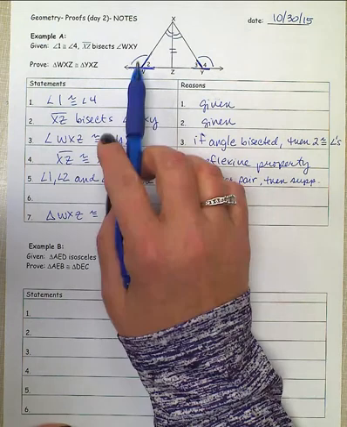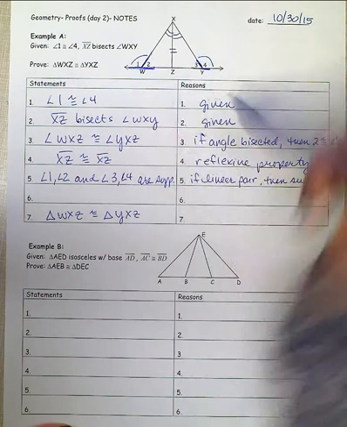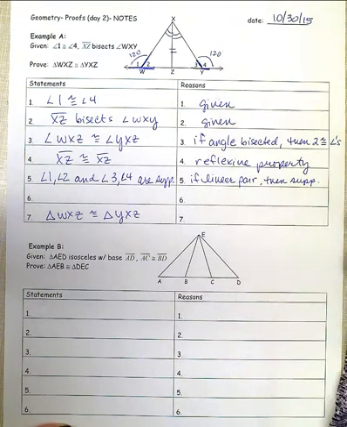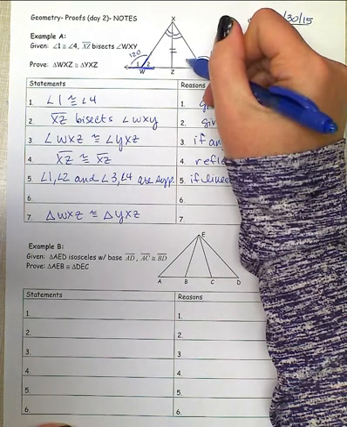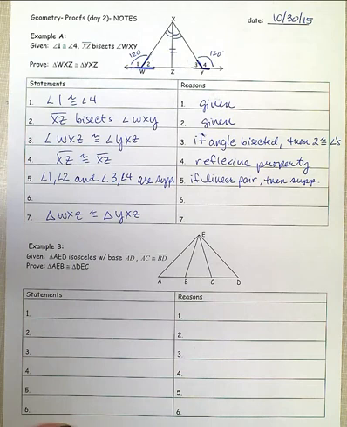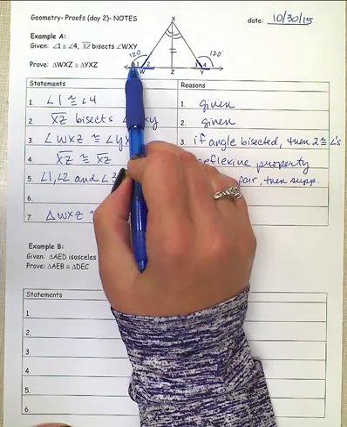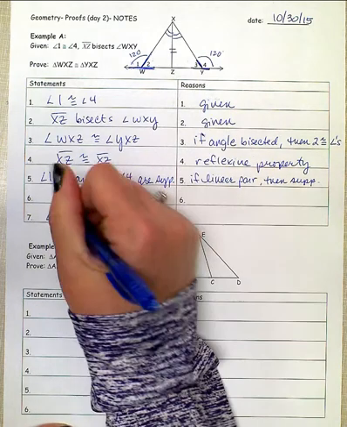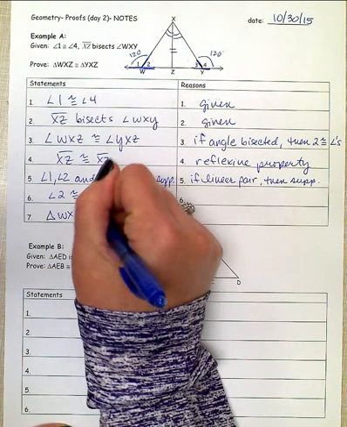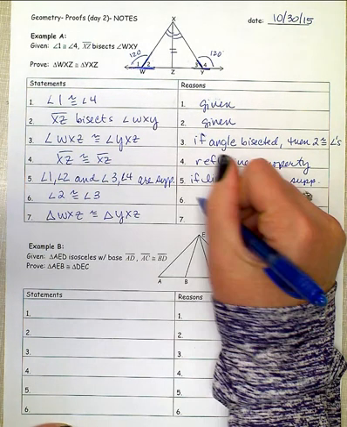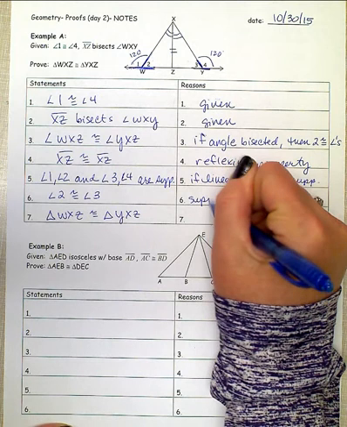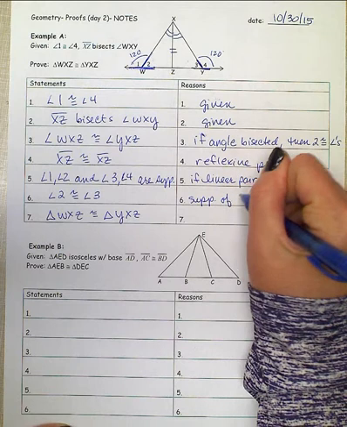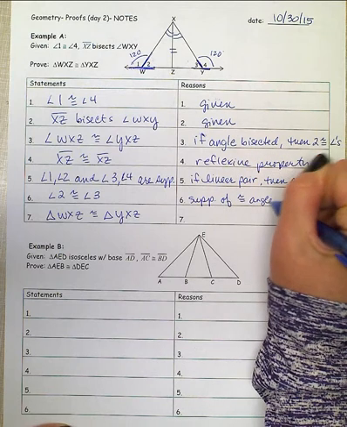So now think about this. Because angle 1 is congruent to angle 4, let's pretend this looks to be about 120 and 120. That would mean that this was 60 and 60. So if these two are supplementary and these two are congruent, that tells me that angle 2 is congruent to angle 3, because supplements of congruent angles are congruent.